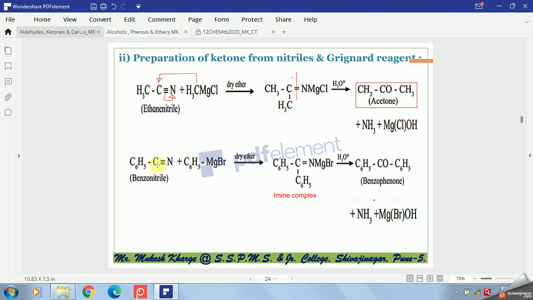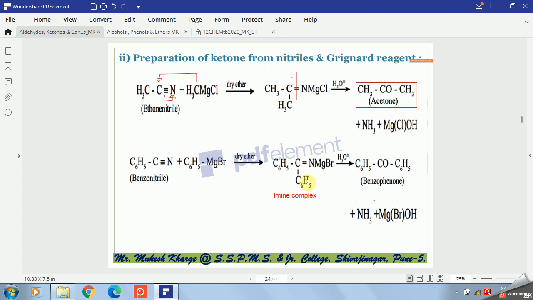Simply add this phenyl group to this carbon of the triple bond with nitrogen, this cyanide group carbon, and convert the CN to C double bond. So check the product, and nitrogen gets converted to ammonia. The byproduct is MgBrOH. So we get benzophenone as your final product.